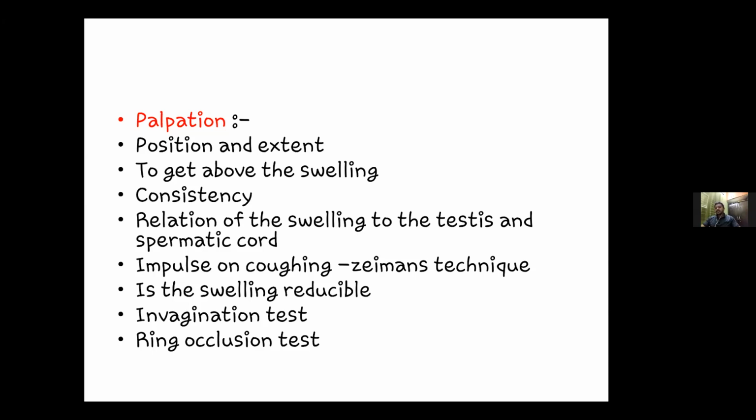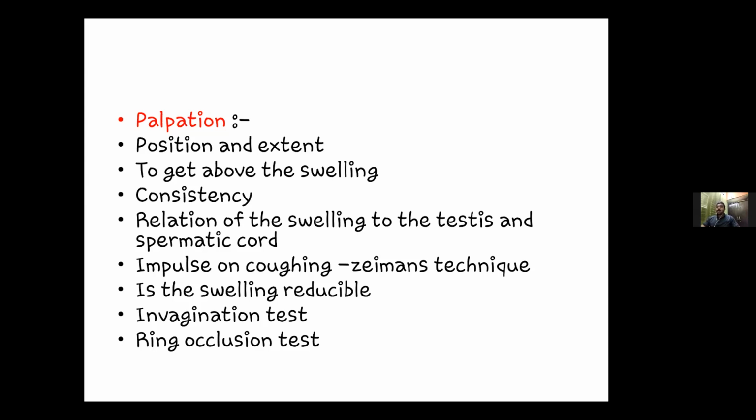Next, it is the invagination test. The invagination test again differentiates between a direct and indirect hernia, in which the surgeon places his little finger from the bottom of the scrotum, feeling the pubic tubercle, and from there he pushes his finger into the superficial inguinal ring, in which the surgeon must be able to feel the spermatic cord structures or round ligament in his nail fold, and the pulp of the finger must palpate the superficial inguinal ring, and the patient is asked to cough.